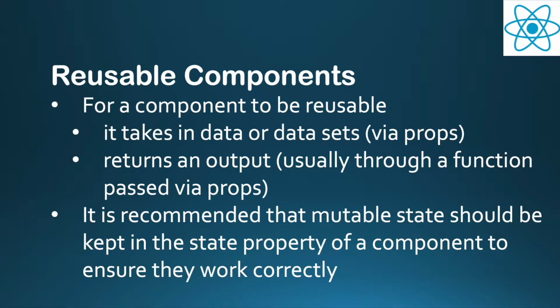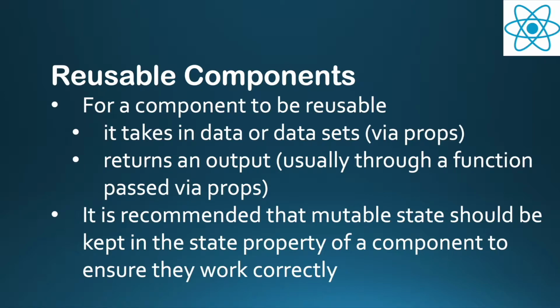For a component to be reusable, typically it takes in data or data sets via props. And if it has to return an output, it would usually return it through a function that has been passed via props. It is recommended that mutable state should be kept in the state property of the component to ensure they work correctly.